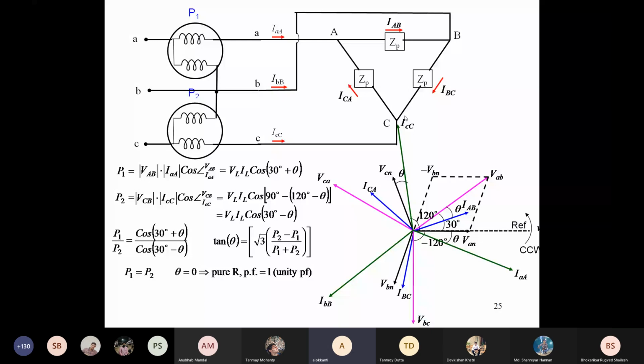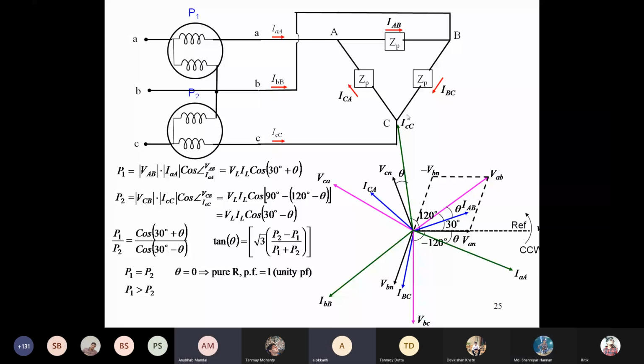Similarly, if your P1 is greater than P2, then what do you call it? Leading.